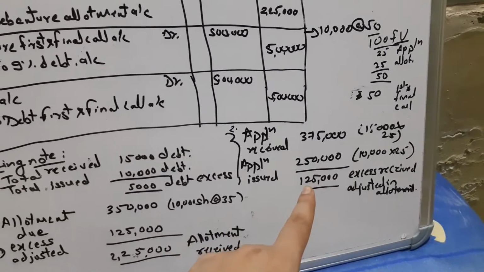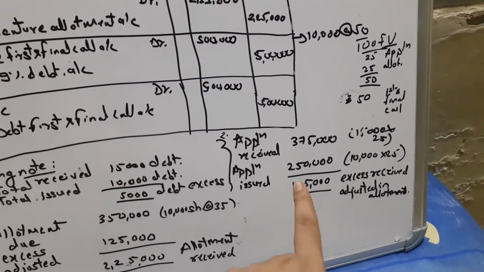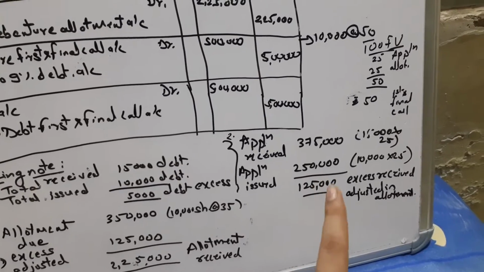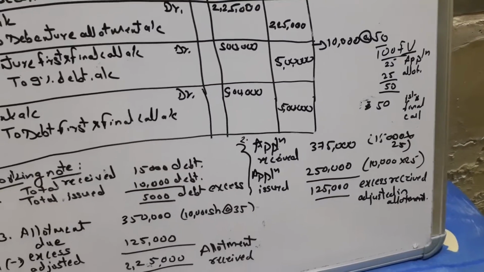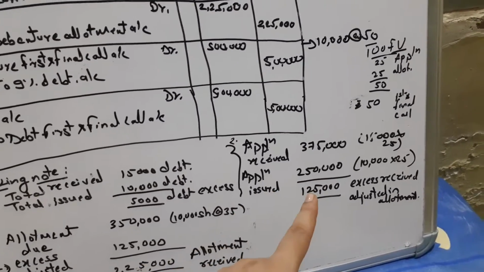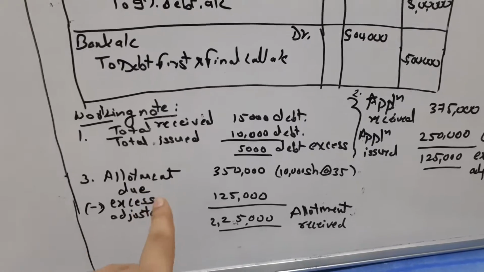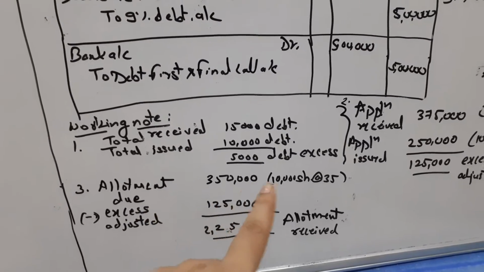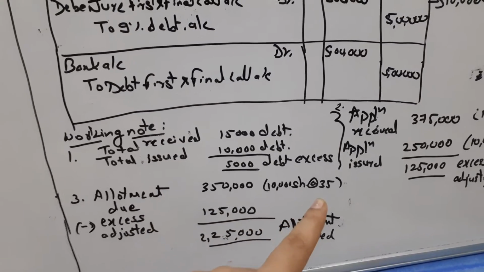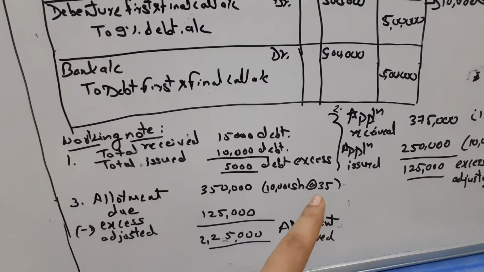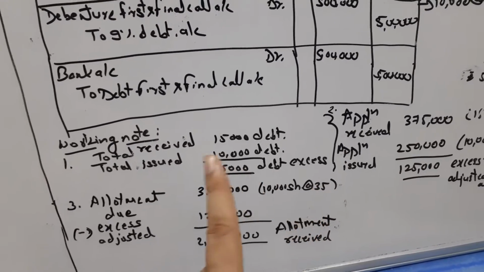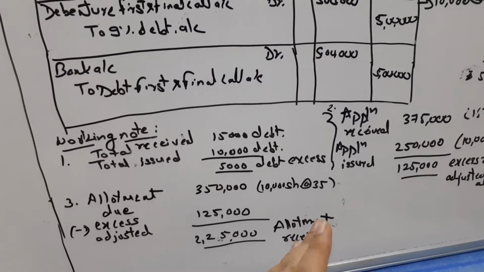So how much excess amount have I received here? 1,25,000. Now the question says the excess amount has to be adjusted in allotment. So 1,25,000 has to be adjusted in allotment. Now note number 3 for the allotment. Allotment actually due is 3,50,000 because 10,000 debentures multiplied by 35. Why 35? Because during allotment, premium has to be paid.